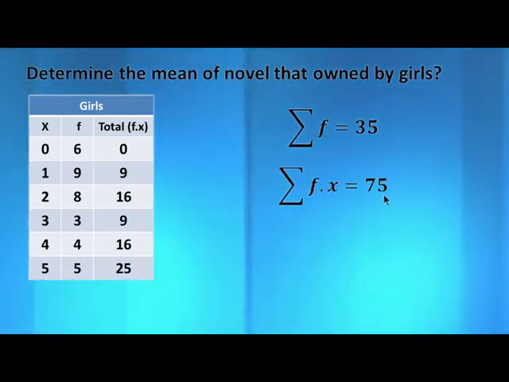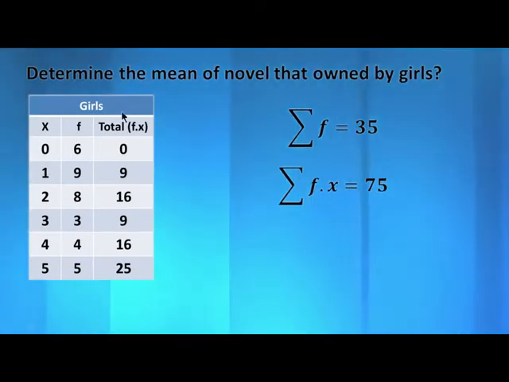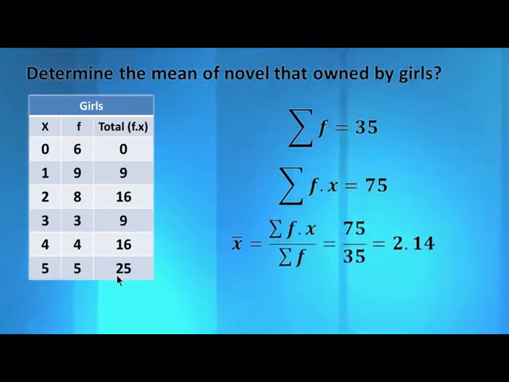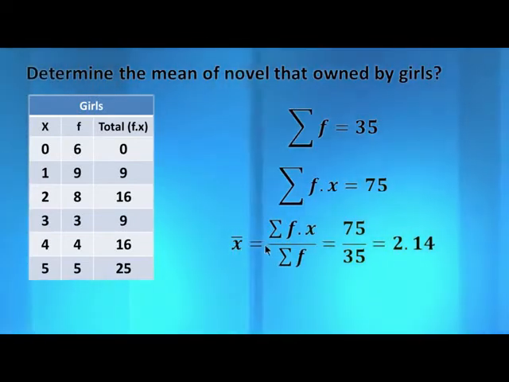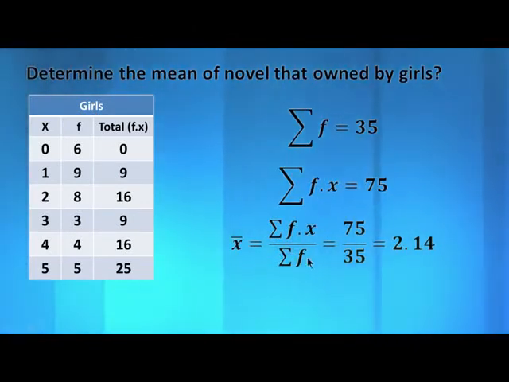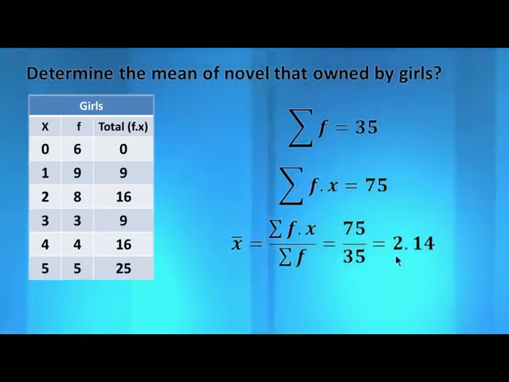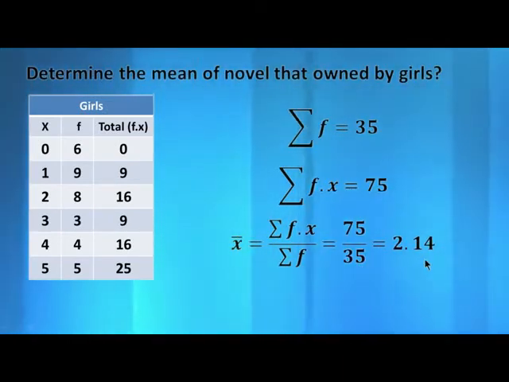You find 75 from adding all these numbers together here. Then X bar, the mean, equals sigma FX over sigma F, equal to 75 over 35, equal to 2.14. This is the mean, or the average, of novels owned by girls.